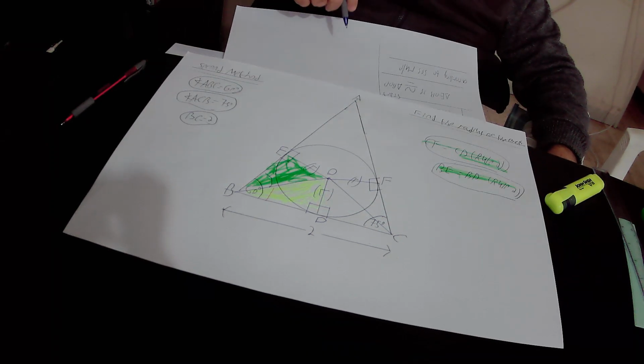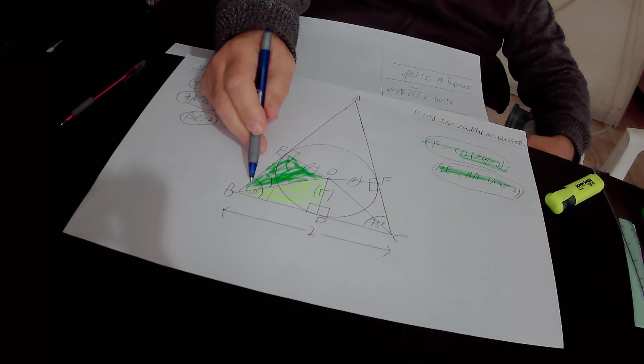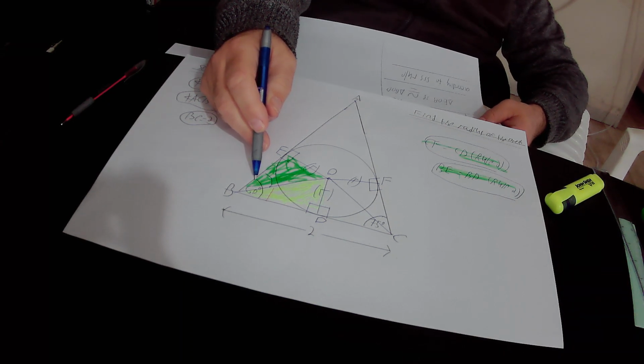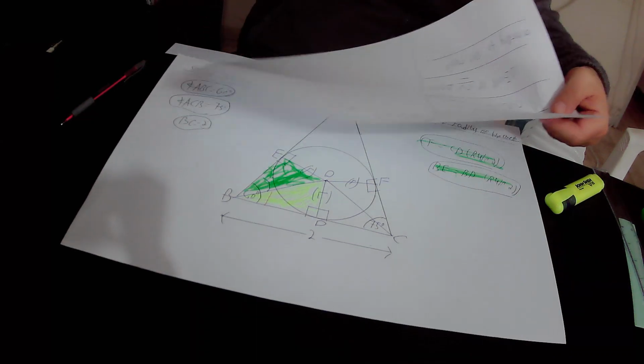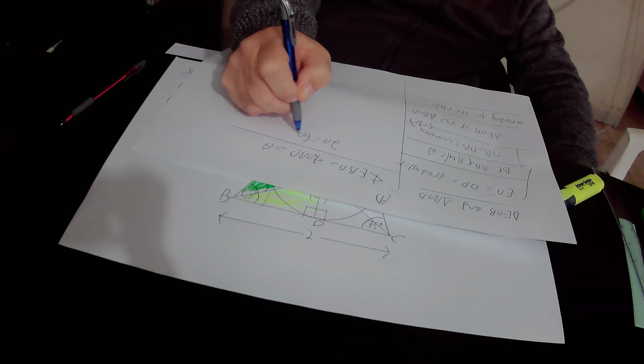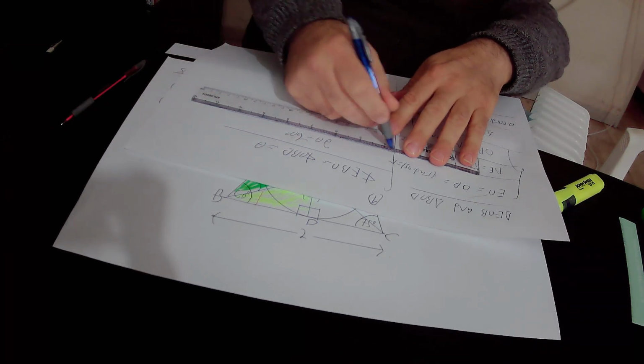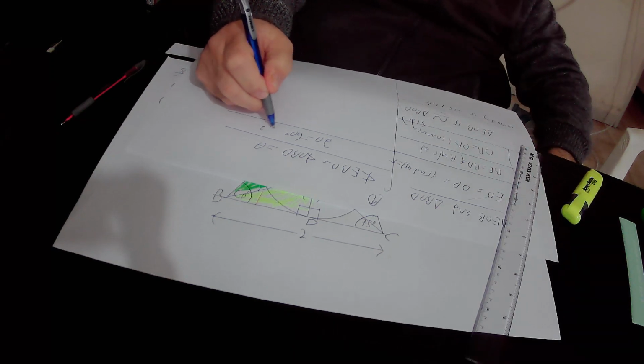So theta plus theta equals 60 degrees according to what is given in the question. 2 theta equals 60 degrees. We divide this equation by 2.